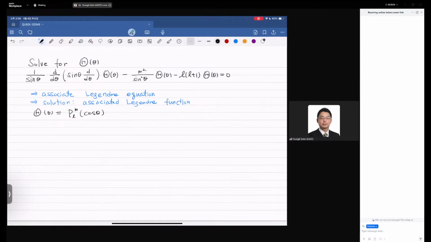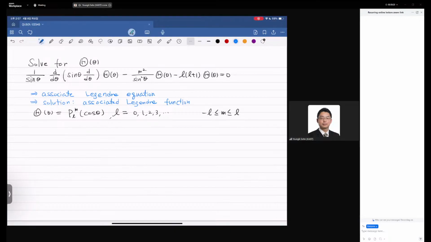In this form, the solution itself is forcing L to be an integer number. While you solve this problem, you actually get a condition for L and M. First of all, L needs to be a non-negative integer. At the same time, it also gives you N and L's relationship.